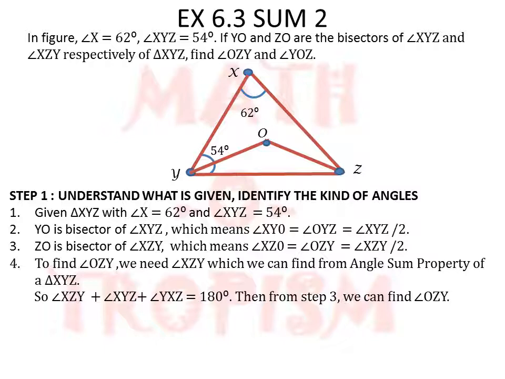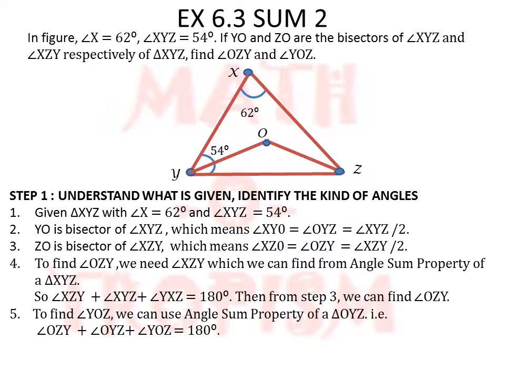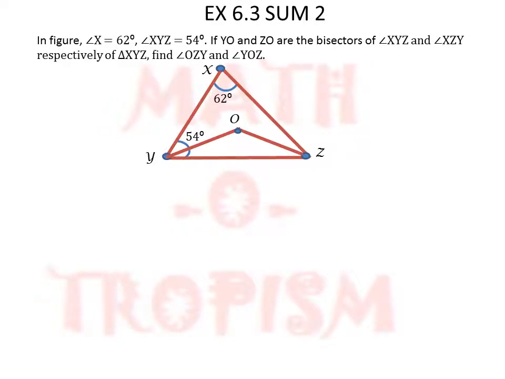So we can find from that angle XZY, and ultimately half of that angle is the angle OZY. So now if we see the triangle OYZ, we have already found half of angle XYZ and half of angle XZY, which is nothing but OYZ and OZY. So again, using the angle sum property of the triangle OYZ, we can find the other required angle, YOZ.